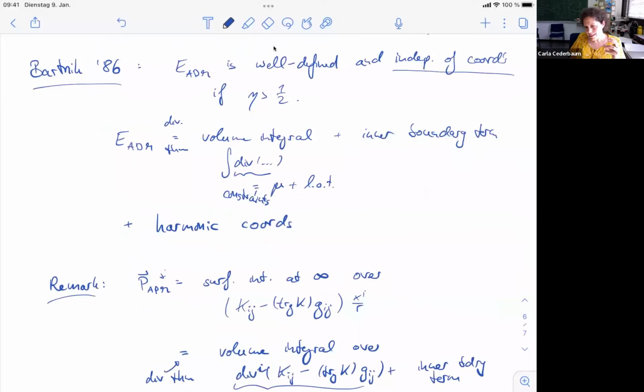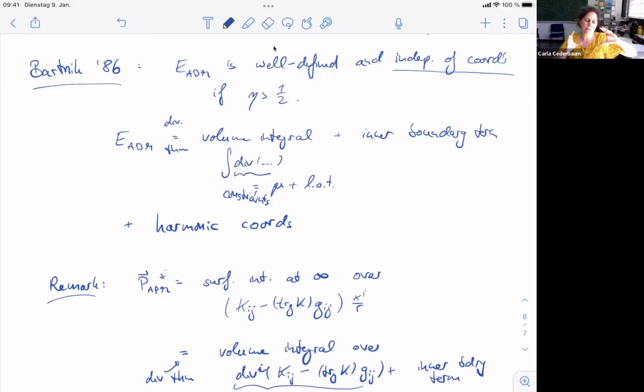The story for P is a little bit more subtle because, of course, a vector should depend on coordinates, and it does. So if you rotate your coordinates, then the P has to co-rotate somehow. So I can't say it's independent of coordinates. What I can say is in each coordinate chart, the 3 numbers in the vector are finite, they converge. And if I use 2 different asymptotic coordinate charts, then I can use the asymptotic difference between these charts to understand how their linear momentum vectors are related.